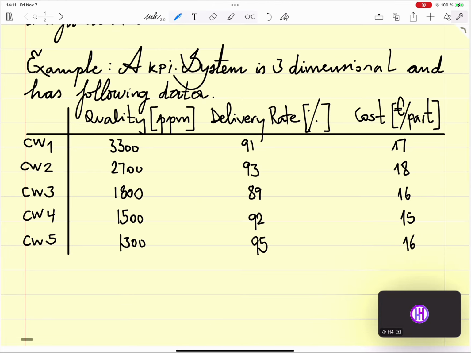So the first problem that we see is that this column is in the thousands, this column is almost in the hundreds, and this column is almost in the 20s. So the first step is to normalize.